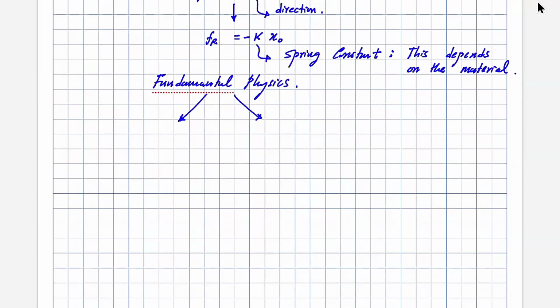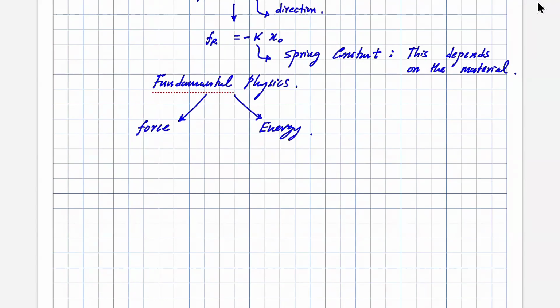The first one is force. Newton's laws can be applied, right? So we know about forces. The second one is energy. This physical world is about forces and energies. If you think about the motion lesson we discussed from the beginning, we talked about forces, we talked about energies, that's it.